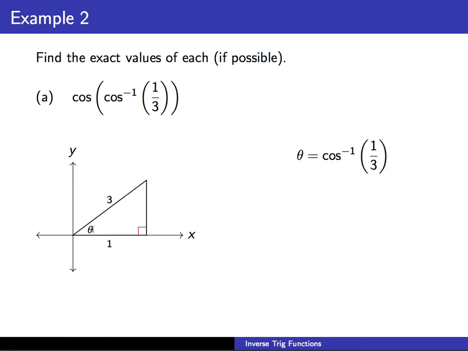So theta, again, is inverse cosine of 1/3, and now we're going to ask, what is the cosine of that angle? Well, cosine is x over r, which we have is 1 for x and 3 for r, so the cosine is 1/3. So cosine of inverse cosine of 1/3 is 1/3.